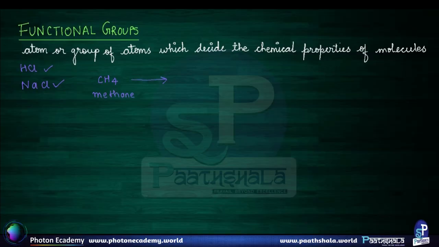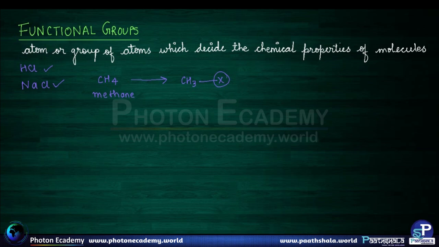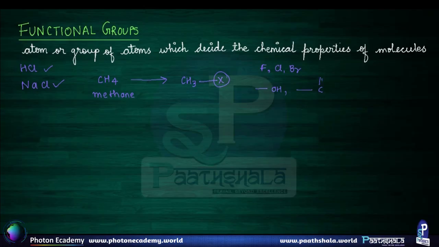So, if I replace one hydrogen of CH4 with X, where X can be an atom such as fluorine, chlorine, bromine, or X can be a group of atoms like OH, the hydroxyl group, or COOH, that is the carboxylic acid group.